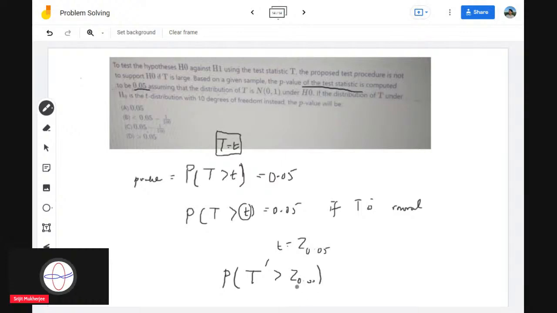Let's understand what is being asked. The normal distribution is symmetric. Can you tell me what the t distribution looks like? This is z 0.05.